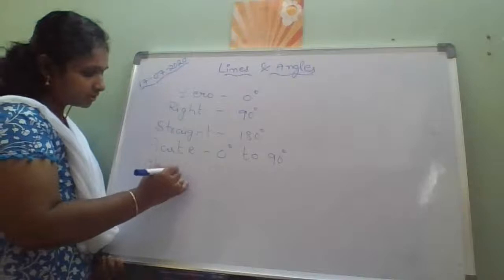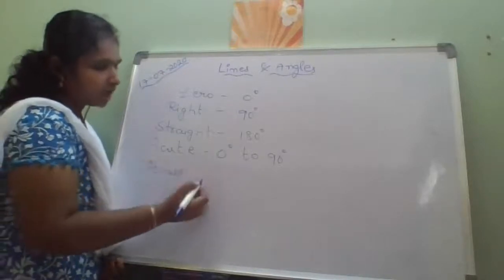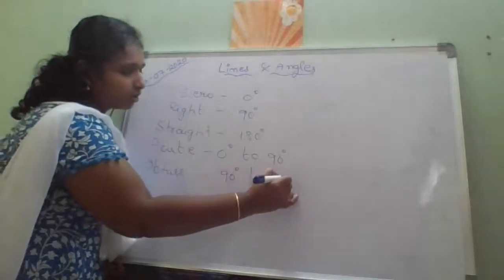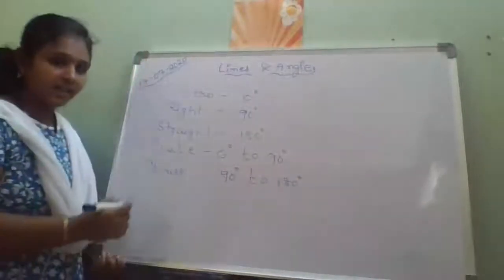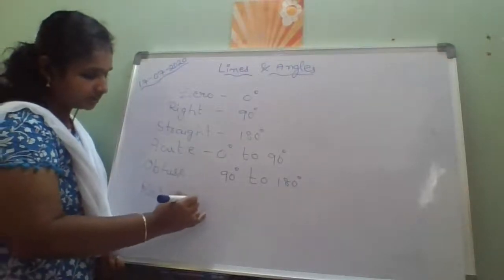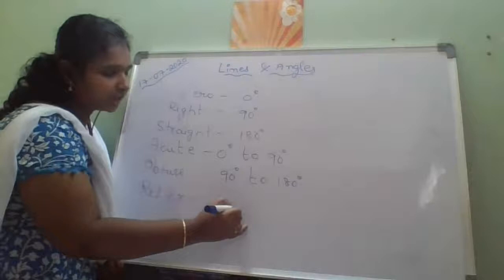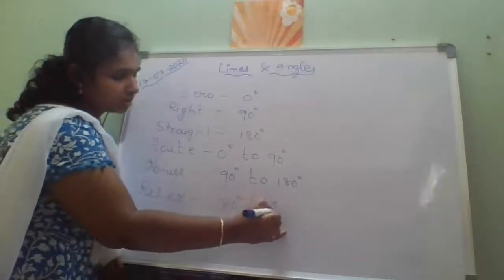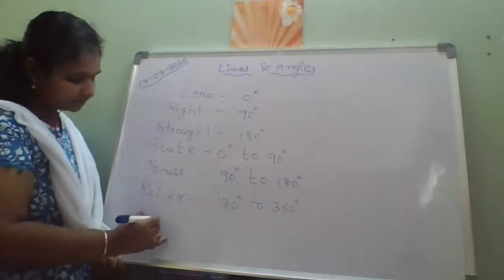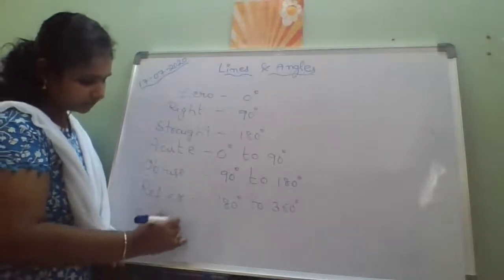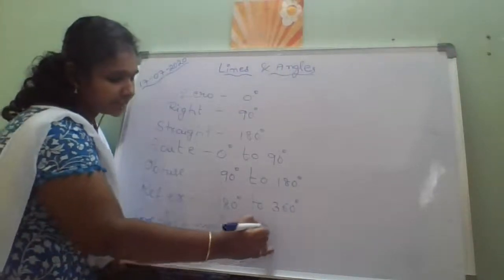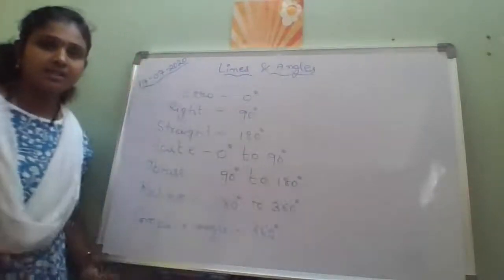Obtuse is 90 to 180. Reflex is 180 to 360. Next, a complete angle is 360 degrees.